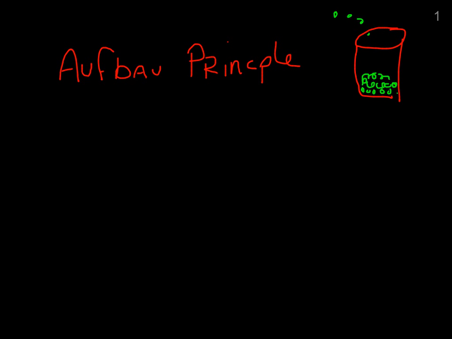The next one is called the Pauli exclusion rule. And what it states is that you can put 2 electrons into each orbital.